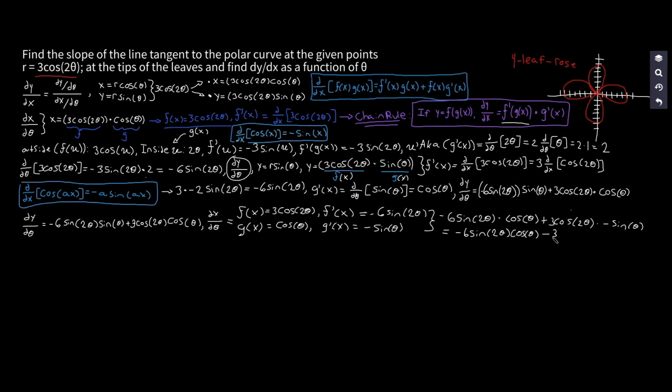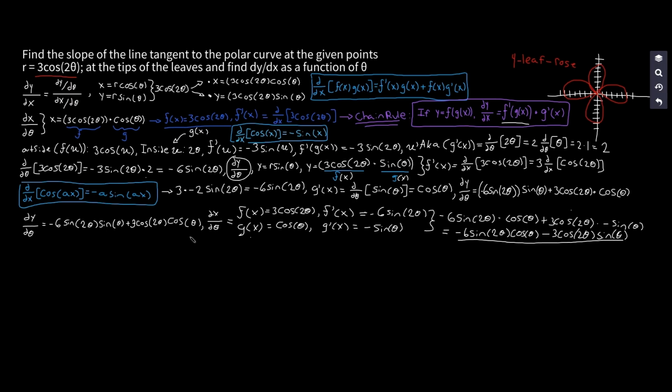Minus 3 cosine 2 theta sine of theta. This is the derivative of x with respect to theta.